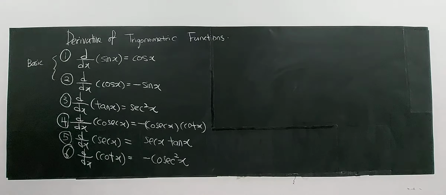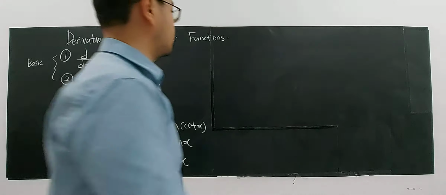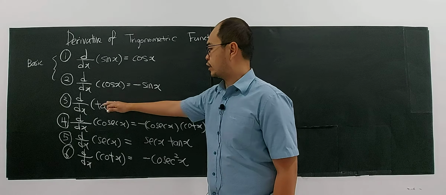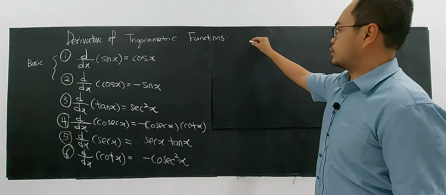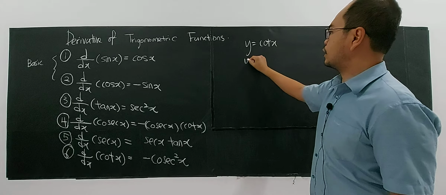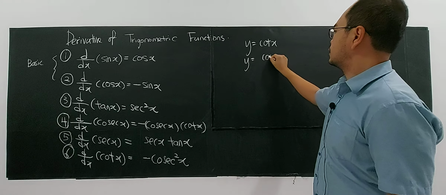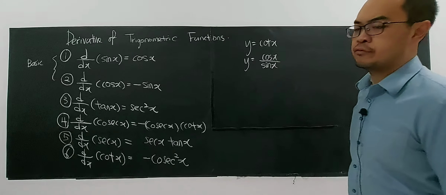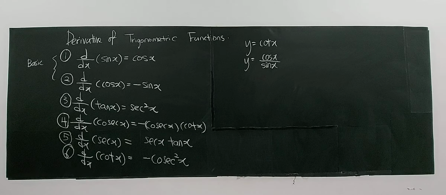So this will be the last formula. So how do we prove this formula? Proving this formula is just like proving the formula for tangent. So for example, you have y equals cotangent x. As you know, cotangent can be rewritten as the ratio of cos x to sin x, right? Definition. So cotangent is also 1 over tangent x.